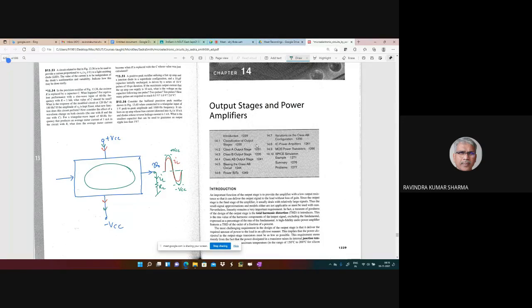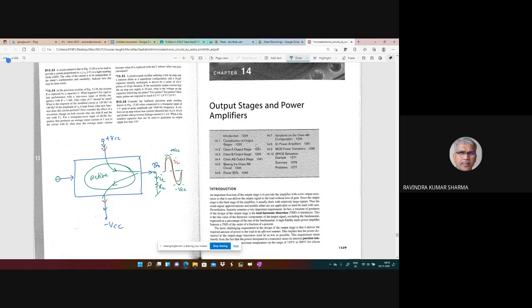These active devices are actually responsible for transferring the DC, converting this DC into AC. Is that okay? This DC is being converted into AC by the active devices under the stimulation of the input.